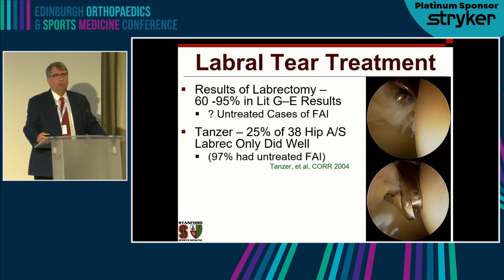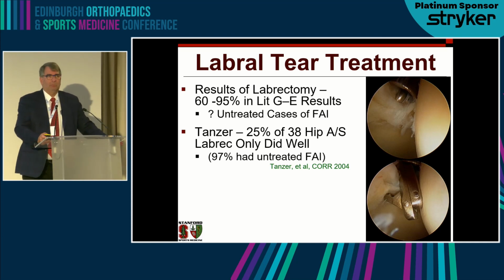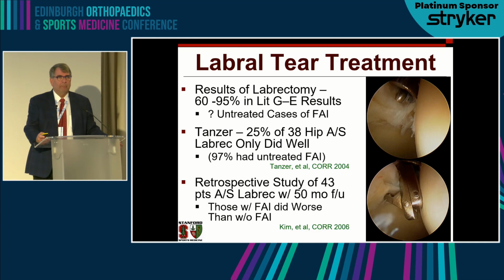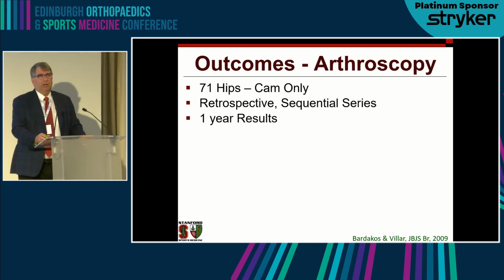When you look at Tanzer's work, where they had only a 25% success rate of partial labrectomies, they went back and looked at their patients, and 97% of those individuals had the anatomy of impingement itself, so they had cam or pincer morphology. Another retrospective study of 43 patients that had arthroscopic partial labrectomies with almost 4-year follow-up found that those who did worse were those that had the anatomy of impingement. So that could certainly be part of the cause.